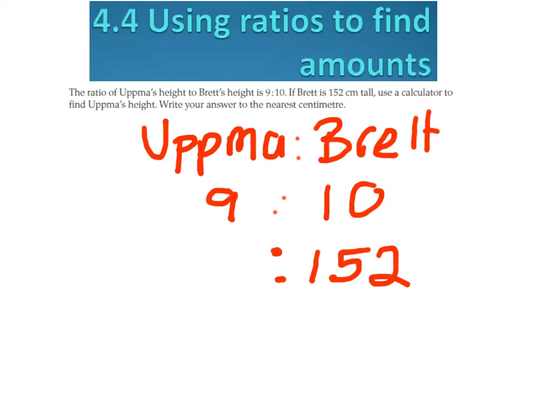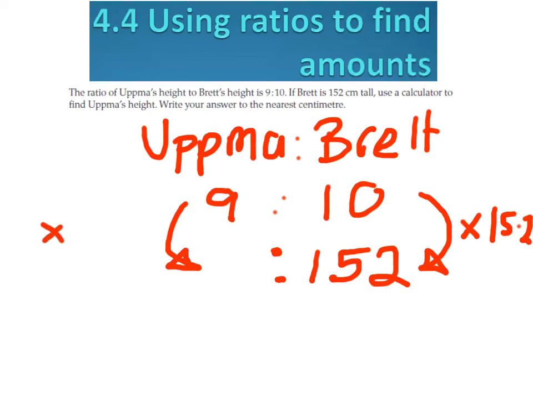So again, because 152 is bigger, it means I've got to times by. And in this instance, to get from 10 to 152, I need to times by 15.2. Which means I have to do exactly the same to the 9 on the other side.